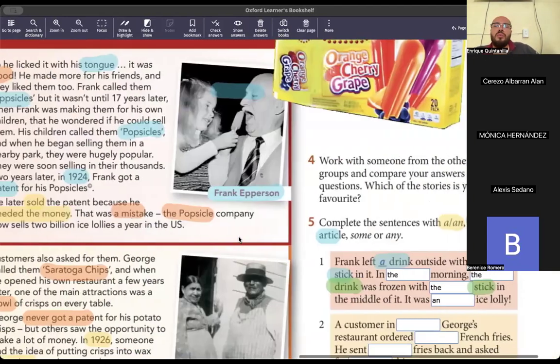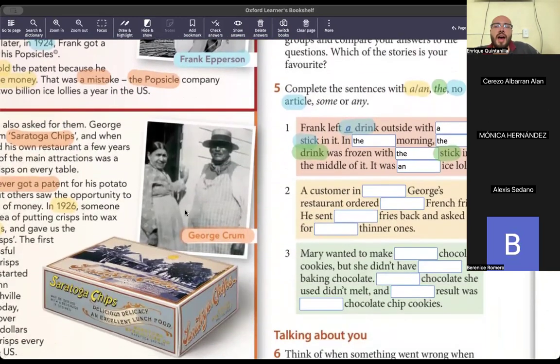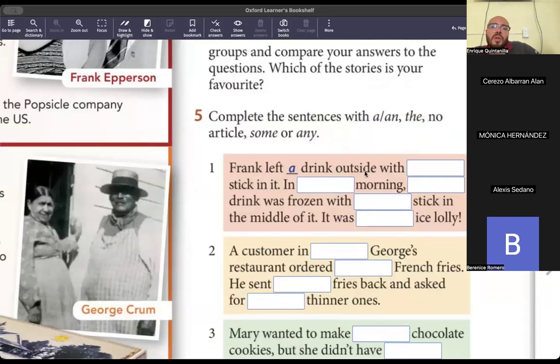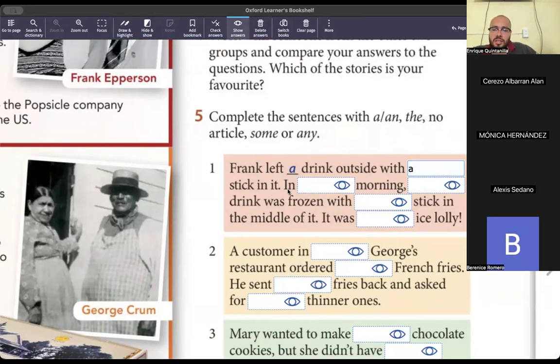So we have the vocabulary here on exercise number 5: a, the, or no article. For example, Frank left a drink outside with what? Remember, with a stick in it.